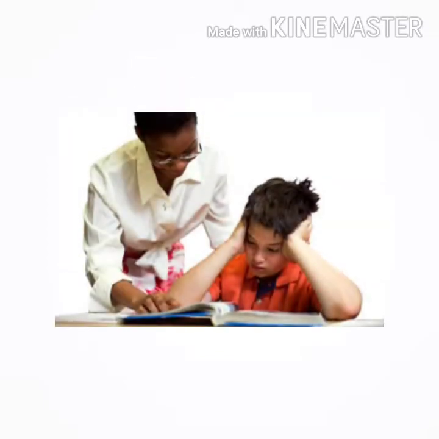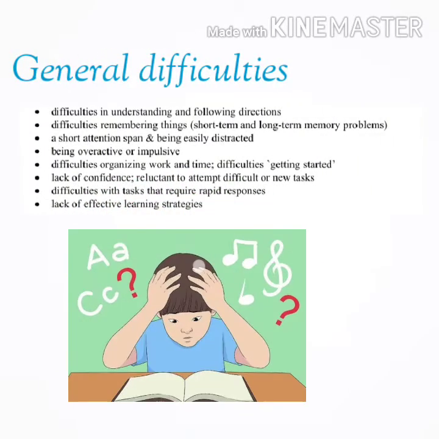So students with learning difficulties are most likely to have difficulties in the following areas of school learning. First is general difficulties. Difficulties in understanding and following directions. Difficulties remembering things, short-term and long-term memory problems. So they forget easily and remember slowly.